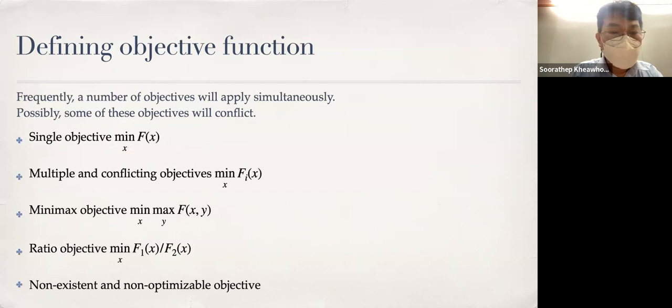For the simplest case, and most of the time, we use a single objective function. We just use a specific function to represent our goal. But in the real world, sometimes you have multiple and conflicting objective functions.